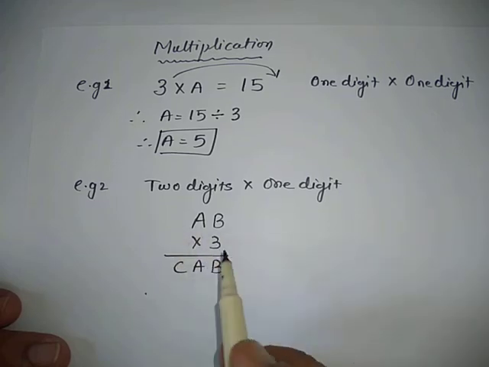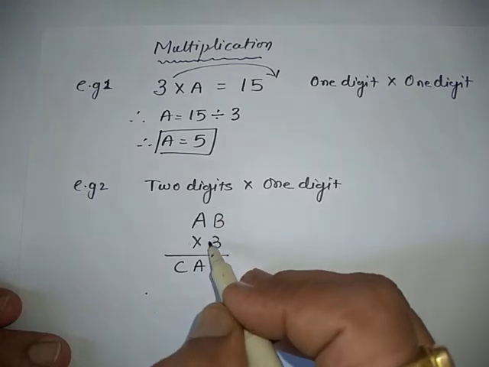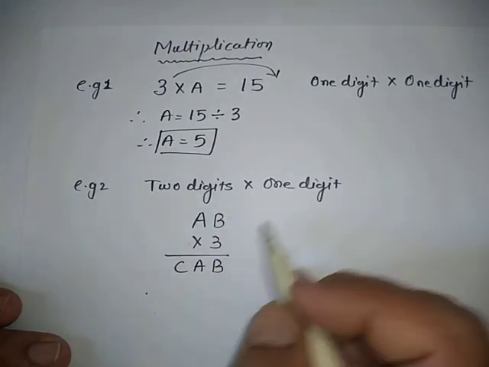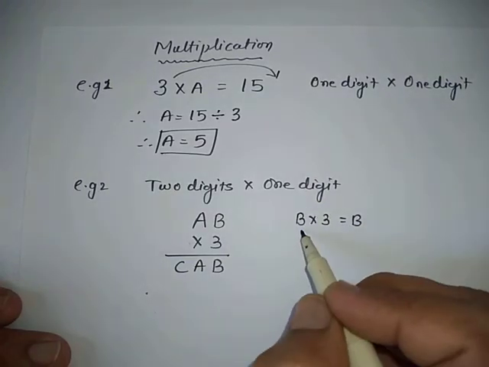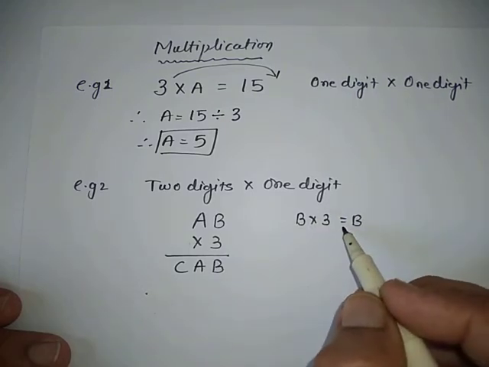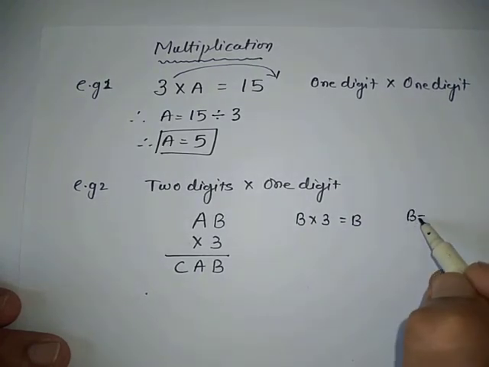Okay, so they have not given us the exact figures, so we need to start multiplying starting with the unit place digit. So 3 into b is equal to b. So b multiplied by 3 is equal to b. So we have to take the value of b such that the product is also b. Let's take b is equal to 0.